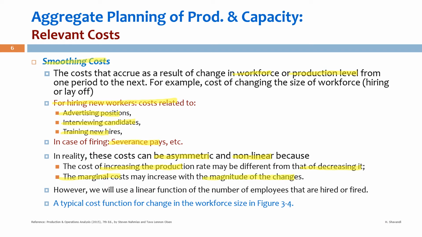But in this course, we are going to assume a linear function. This is our assumption for simplicity. We'll consider a linear function, but with different slopes for hiring and firing. In the next slide, we'll see a typical cost function for changes in workforce size.